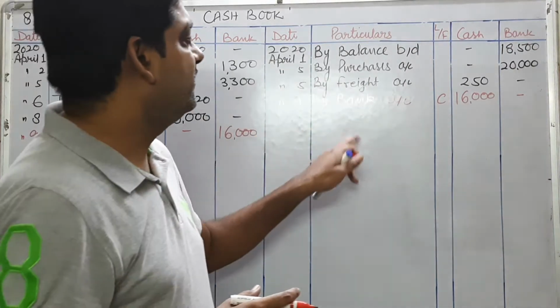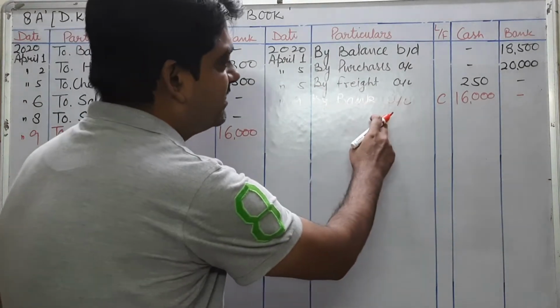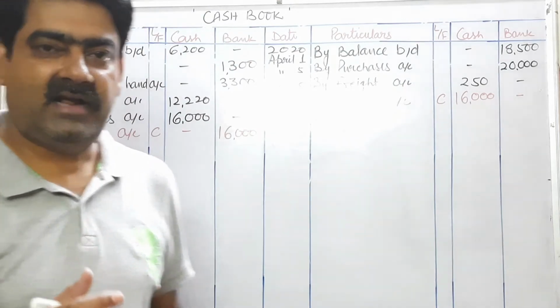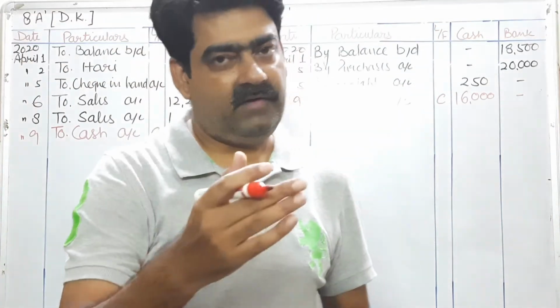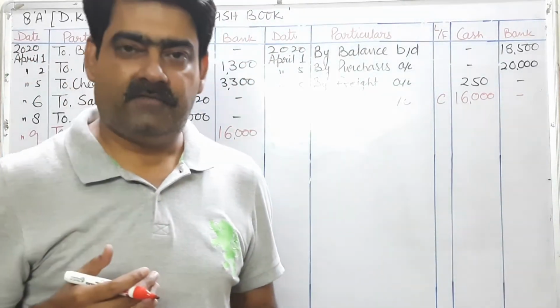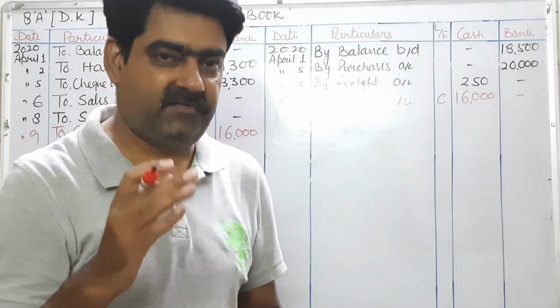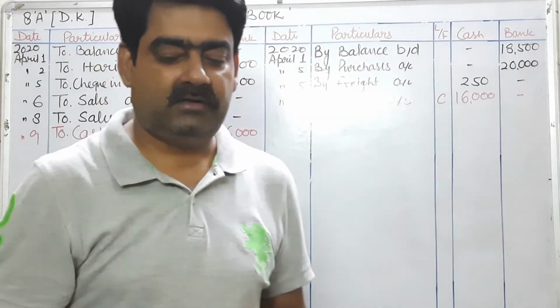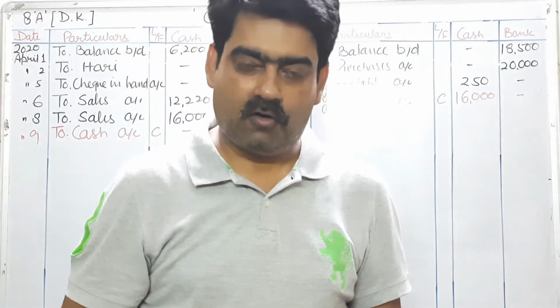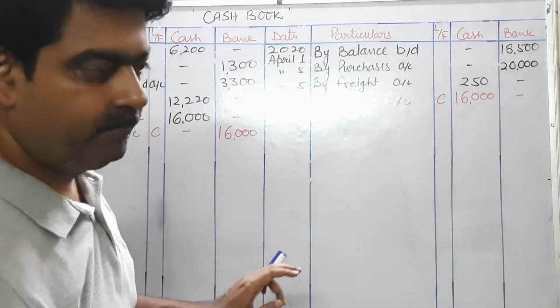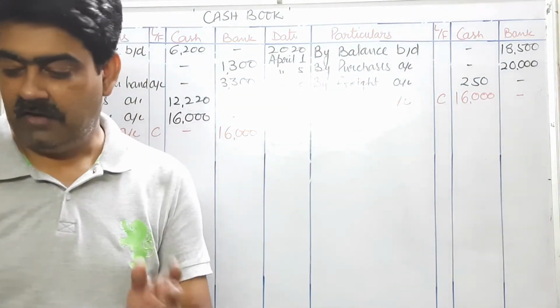Same way in the credit side I am writing by bank account, in this case the amount will come in the cash column. So whenever we deposit an amount into the bank, or if we withdraw cash from the bank for office use, always remember this thing, for office use. So these two transactions will be treated as contra entries. Okay, so the treatment of a contra entry will come in both sides.